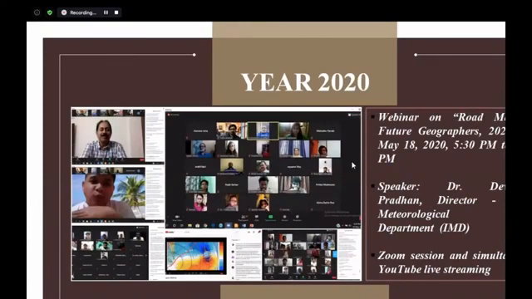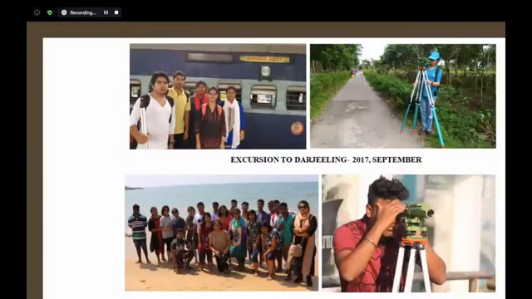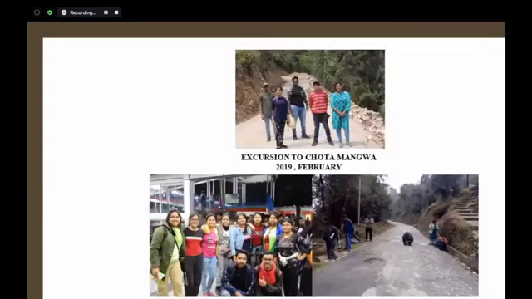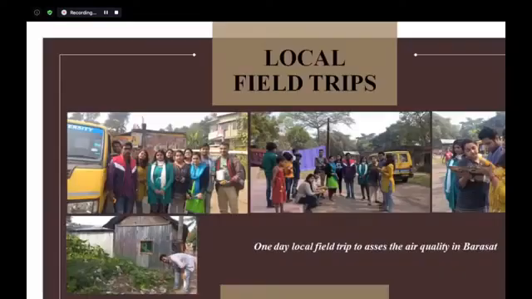And these are some photographs from field trips. You all know that in BSc Geography you have field trips. These are photographs of the field trips, but we also organize some local field trips throughout the year. Locally, we test various parameters which are possible to test with field instruments, like air quality, sound quality, water quality, and various pollution parameters.